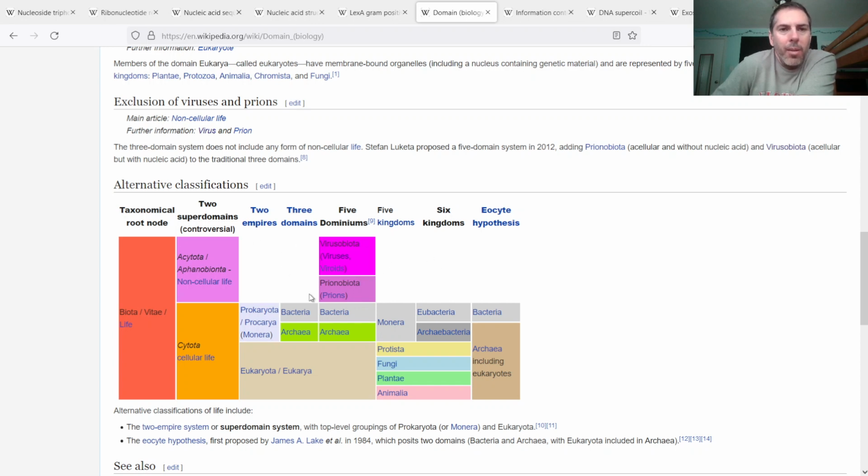And they're mostly never classified as life, but you can think of them as non-cellular life. And this is the total group of entities on Earth that use DNA and or RNA.